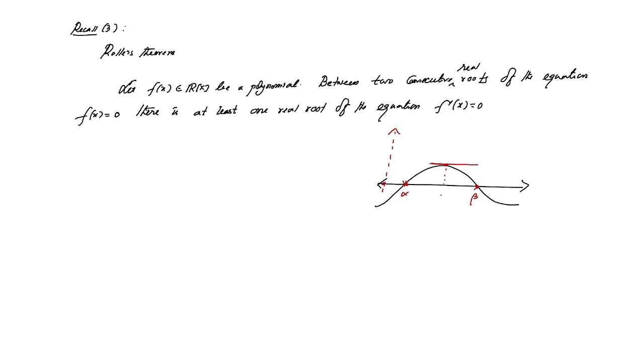At that point, say delta, f dash delta equals 0. That means delta is a root of f dash x equals 0. So this is basically Rolle's theorem. With the help of Rolle's theorem, we can solve many kinds of problems and find the roots of f dash x equals 0.